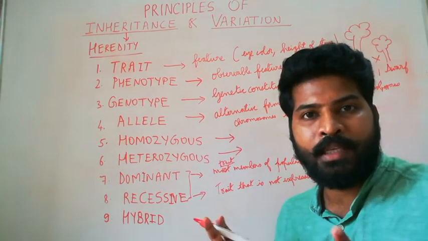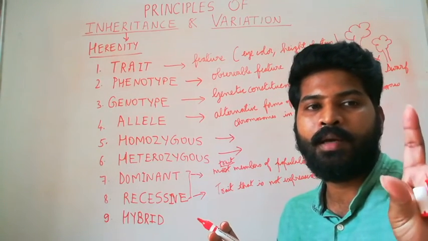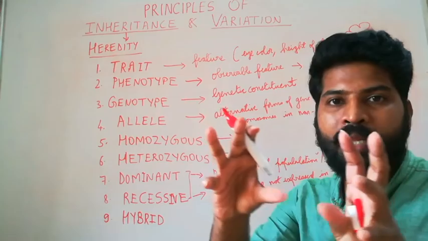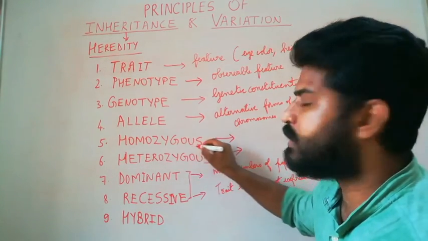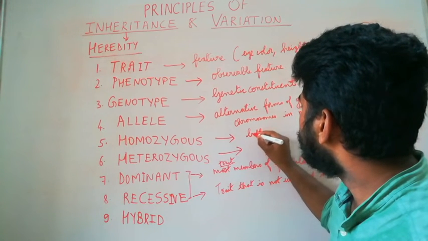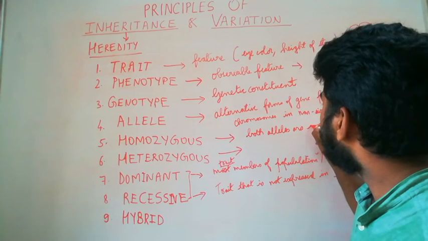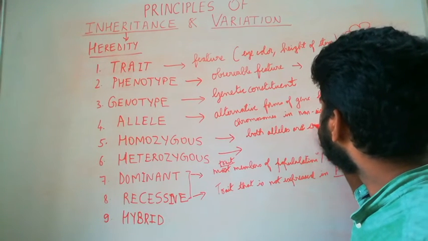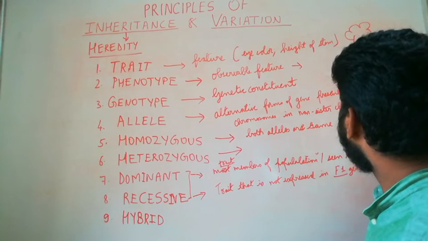Zygous refers to a zygote. A zygote, you know, is formed when the male gamete and the female gamete fuse. So the homozygous condition is where both the alleles are the same in a hybrid.